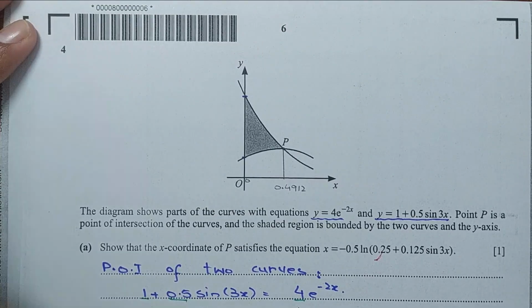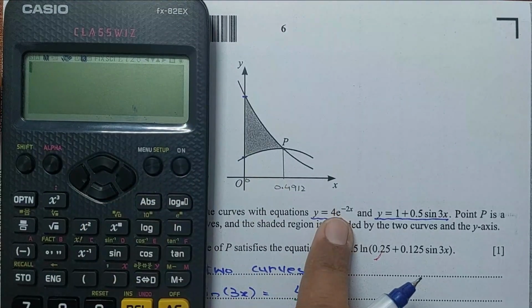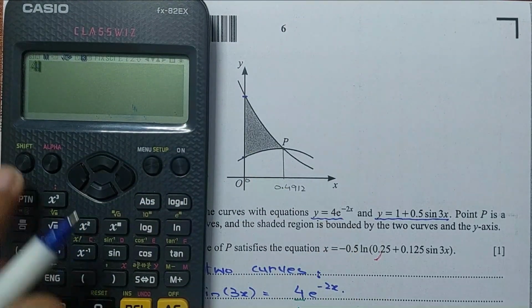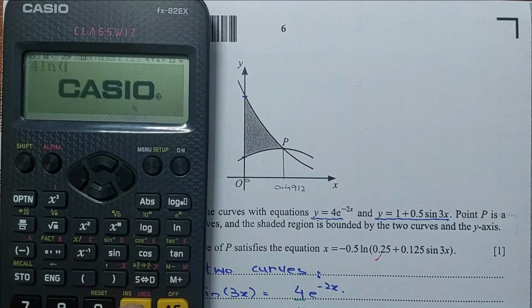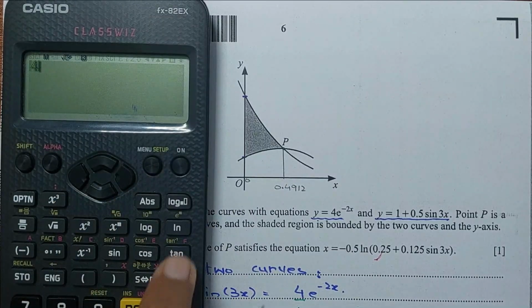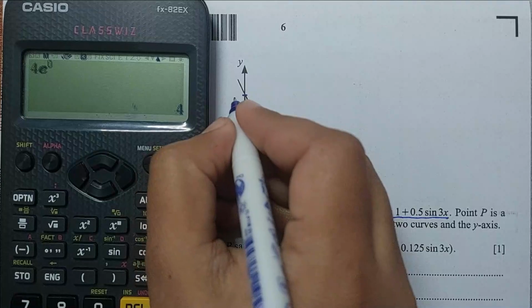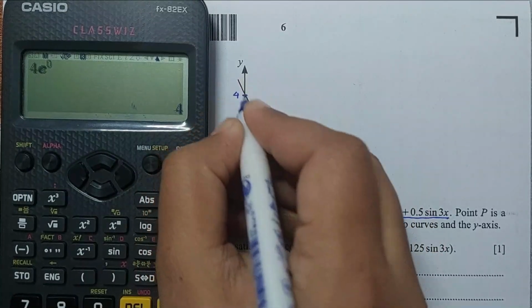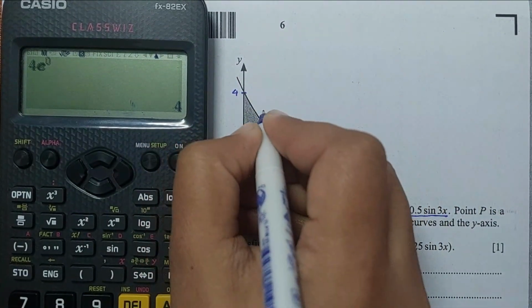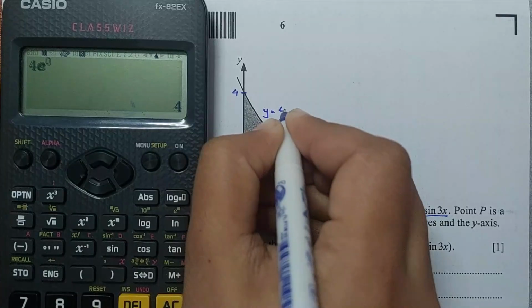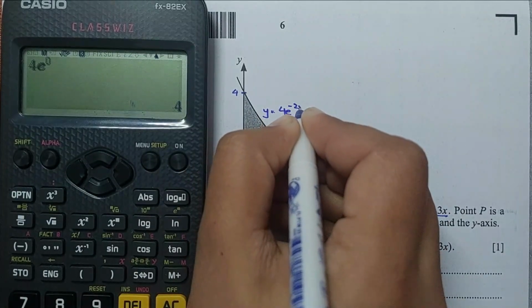So when you fix x equals 0 in this curve, we have 4 e to the power minus 2 times 0, which is 0, so this is just 4. The y coordinate is 4. So this curve is y equals 4 e to the power minus 2x.